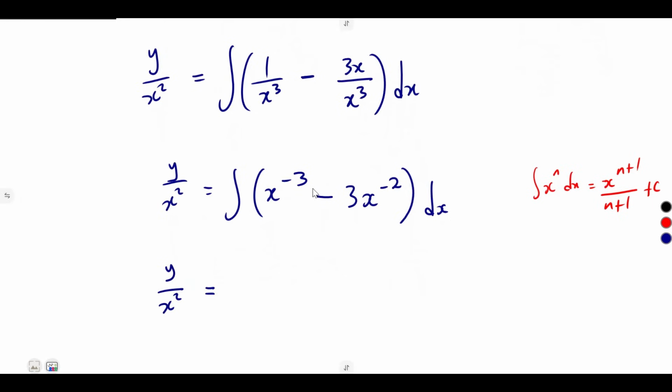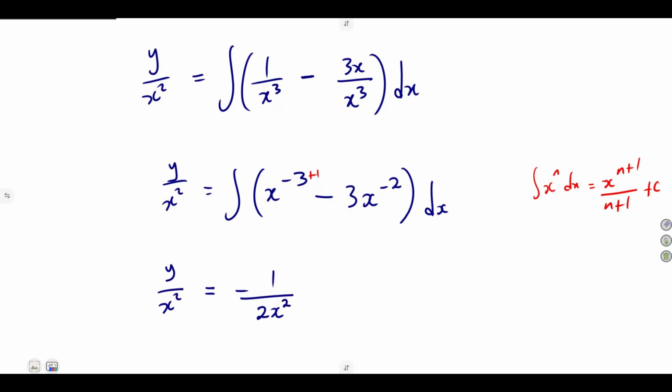If we add 1 here, that is going to be x to the exponent of negative 2 over negative 2. But you do understand, guys, a negative exponent is the same as 1 over. So it was going to be 1 over negative 2x squared. So this is the same as negative 1 over 2x squared.